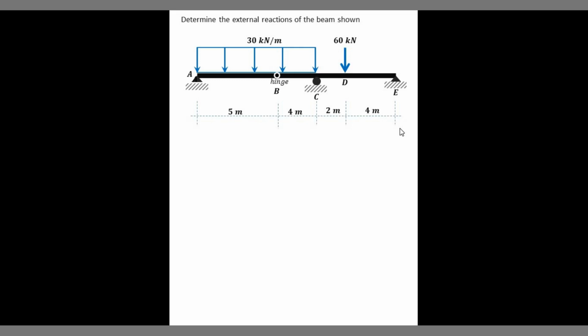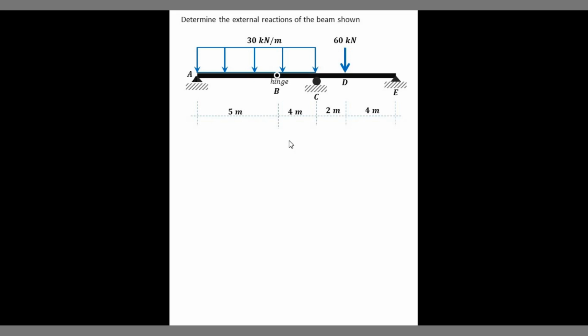So for this example number 1, you're required to determine the external reactions. When we say external reactions, this pertains to the support reactions. So in this case, for this beam, the reactions at A, C, and E are required.